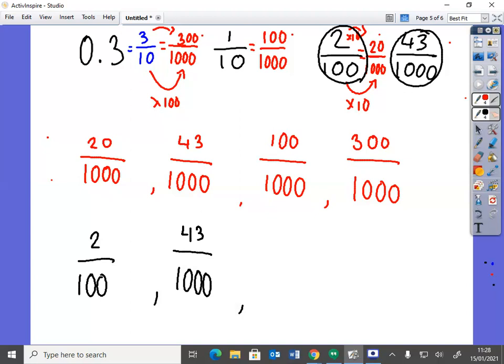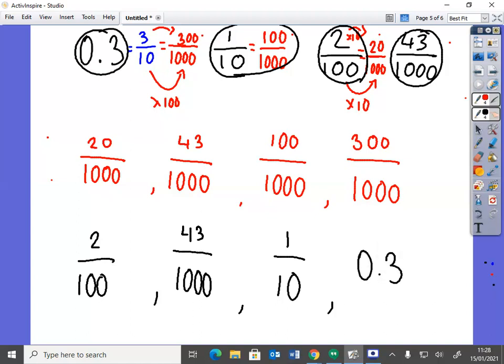How was 100 thousandths expressed in the question? It's here, look. It was expressed as a tenth. And how was 300 thousandths expressed in the question? Well, it was expressed, look, as 0.3. So that is the correct order as they were expressed in the question.